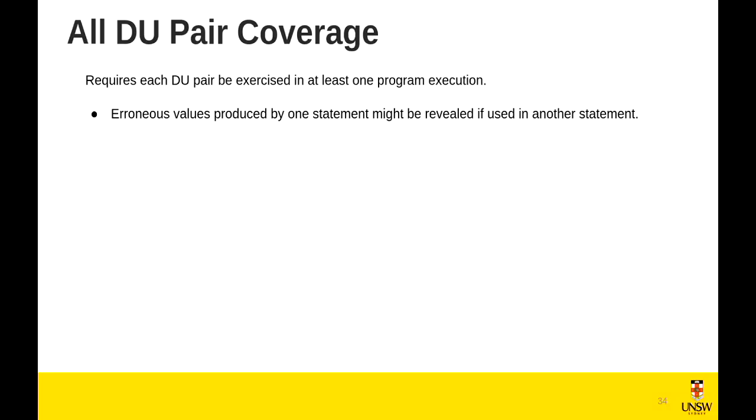So we need to design a set of test cases that can execute each def use pair. And because def use pairs are crafted based on the control flow graph, we must be able to find something to execute the DU pair. And this can actually help us to find bugs related to the def use statements.